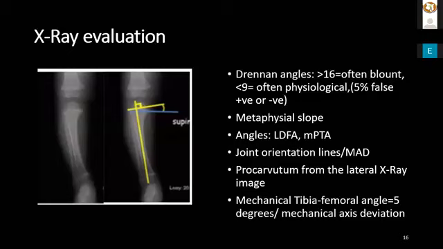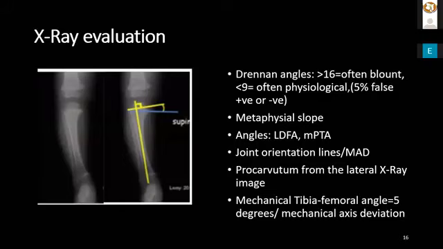Other angles which you may need to assess to plan your surgery include the lateral distal femoral angle as well as the medial proximal tibial angle. The joint orientation lines are important when you are trying to elevate. The technique I use for elevation is the medial plateau.